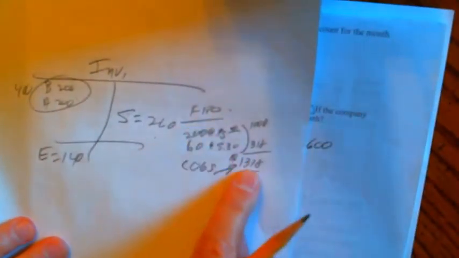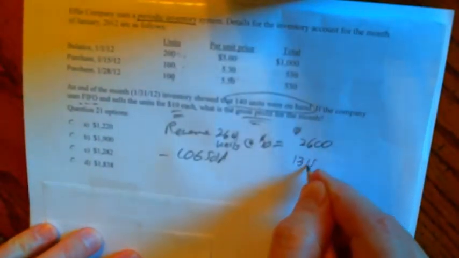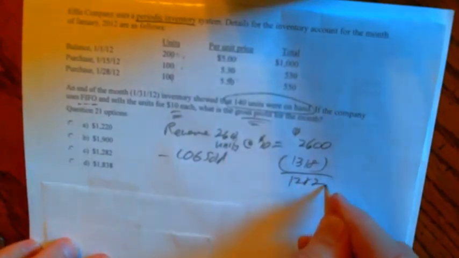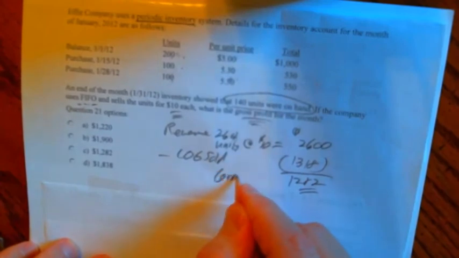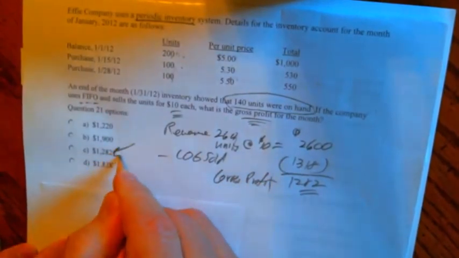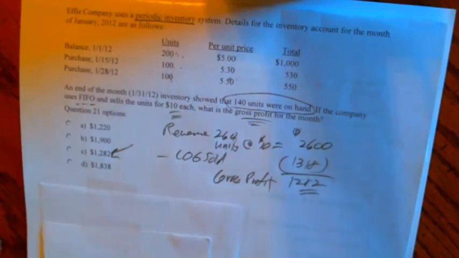We calculated that at $1,318 under FIFO. So 2,600 minus 1,318 gives me 1,282. Gross profit, the answer is C.